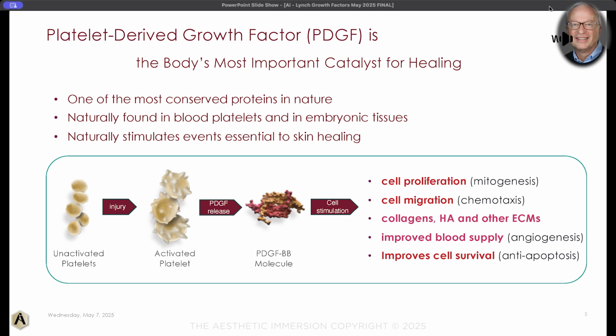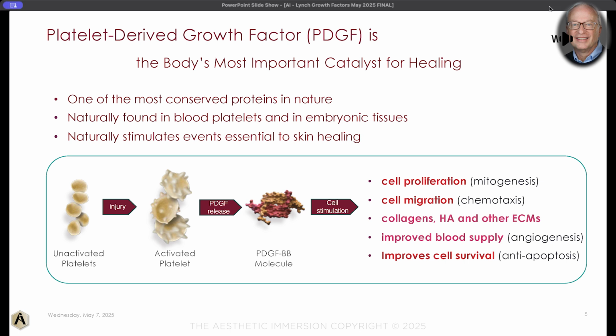So you've got these powerful growth factors, specifically PDGF, that is normally present in your platelets, but you wouldn't want that growth factor just floating around in your body all the time, stimulating cells to continually grow. We'd all weigh 10,000 pounds by the time we were 10 years old.